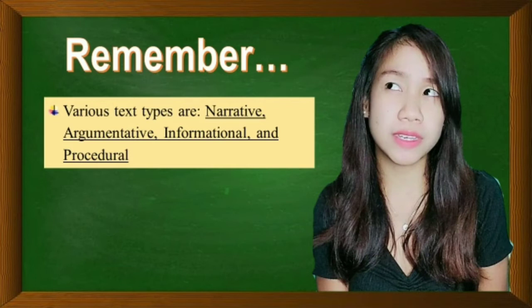And for informational, of course, from the word information, this text has factual information about specific topics that are conveyed to the readers. And lastly, for procedural, from the word procedure, it presents procedures, steps, and a sequence to follow. Because this is a text which lists a sequence of actions or steps needed to make or do something.